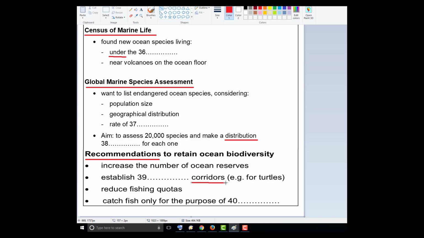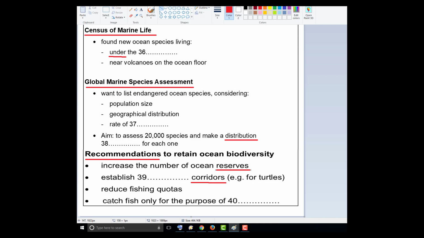It's a narrow, safe space for certain animals. Because here we see the word reserves. If you think about nature reserves, those are places where animals can find sanctuary. So corridor is like a safe space for animals. By using the word corridor, they do make it sound like it's pretty narrow though.